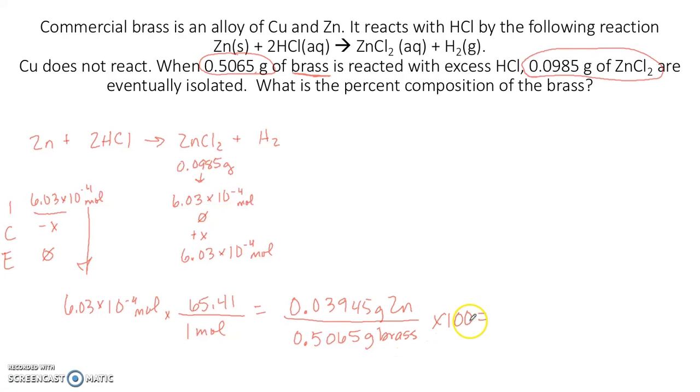If I do that, I end up with 7.789, which becomes 7.79% zinc. And then to find my percentage of copper, if I subtract that from 100%, I'll end up with 92.21% copper. And that's how you would find the percent composition of the brass.